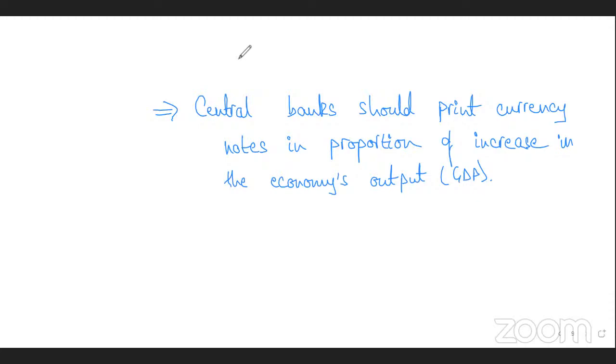So if every year Pakistan's GDP, let's put it down like this, is increasing by $100 million, let's say, I'm giving you an example, then the max amount of additional currency notes that the government can print is $100 million, right?